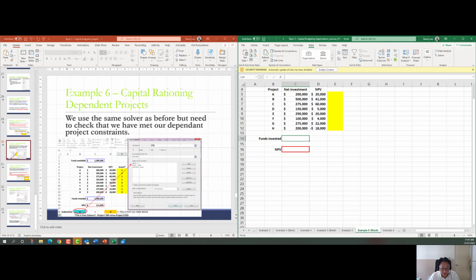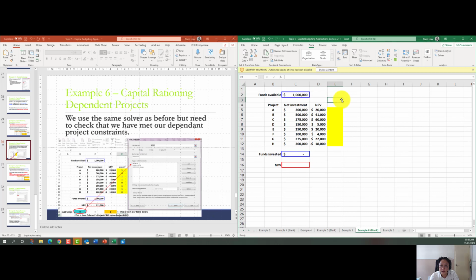We have the funds invested, which is the same as before, equals the SUMPRODUCT of these ranges. And this one is our invest, a binary function, equals the SUMPRODUCT of NPV and the other values here.